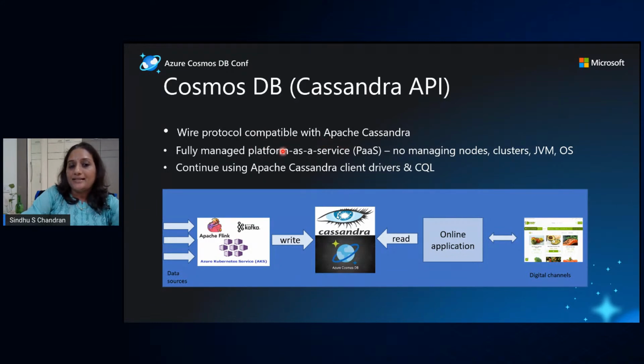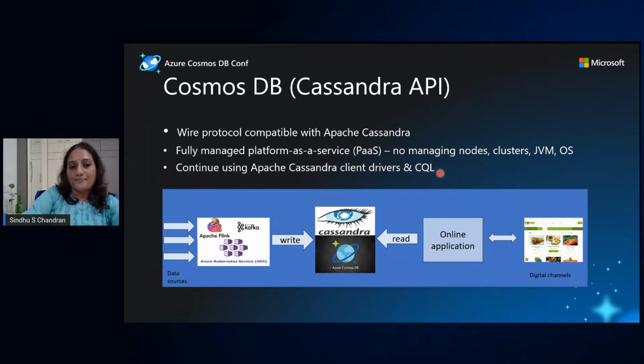It is available as a fully managed platform as a service. So this means that they no longer need to manage the nodes and clusters, which they were doing on-prem. So this saves a considerable amount of time and money. And the third important advantage is that they can continue to use the client drivers and the familiar CQL that they were using on-prem.